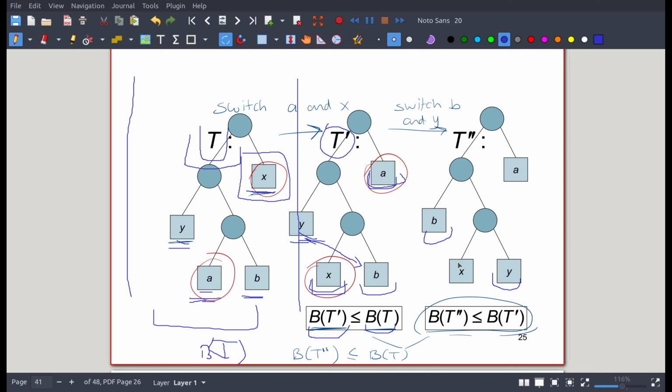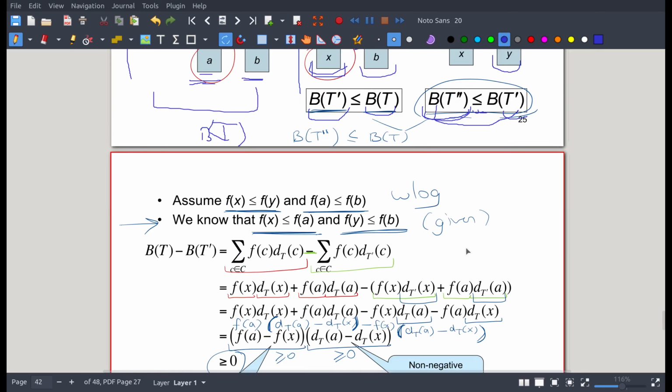Therefore, the cost of this whole tree is less than or equal to the cost of the previous tree. That's what's written over here: the cost of B T double dash is less than or equal to B T dash. It can be the same cost or it can be less.